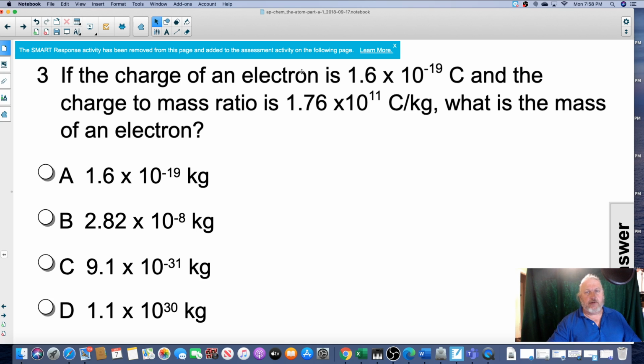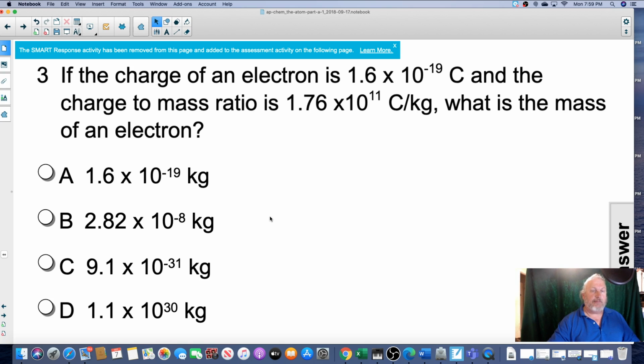So the charge of an electron is 1.6 times 10 to the minus 19th coulombs, which is what Millikan determined, and the charge to mass ratio is 1.76 times 10 to the 11th coulombs per kilogram.